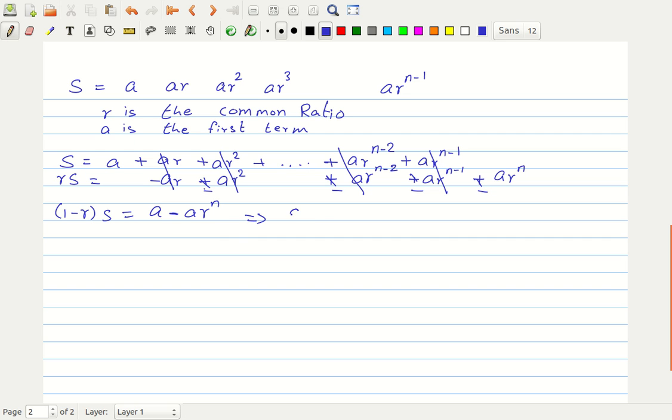From this you can write that S is equal to A times 1 minus R to the power n upon 1 minus R. So, this is the formula that we get for summing up the geometric sequence. This is how we can sum the n terms of a geometric sequence, and this is the formula that we are going to use in each of the exercises that we saw before.